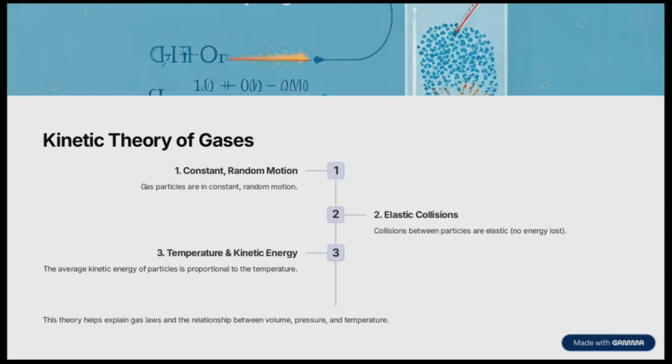The second assumption is that there's always elastic collision between the gas particles and the wall of their containing vessels. That means when they collide with the wall of their vessel, they don't really lose energy at all. Normally, when you roll a ball towards a wall without much energy, it will hit the wall and stop there.